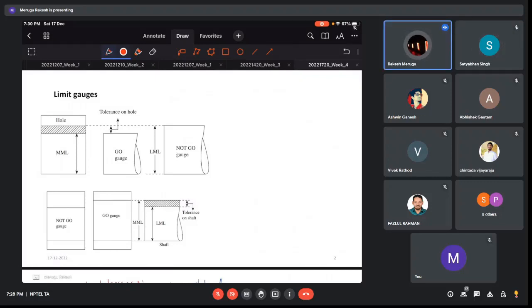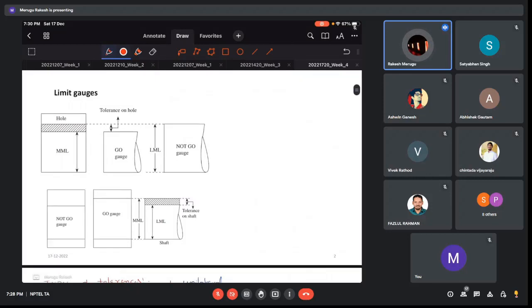So as you can see, you can just remember for anyone, either the hole or the shaft, it will be the opposite. So in case of hole, this is the tolerance they have given. This is the maximum limit. So for this go gauge there are certain rules we have to follow. These are the basic rules coined by Taylor. So what are the rules here?